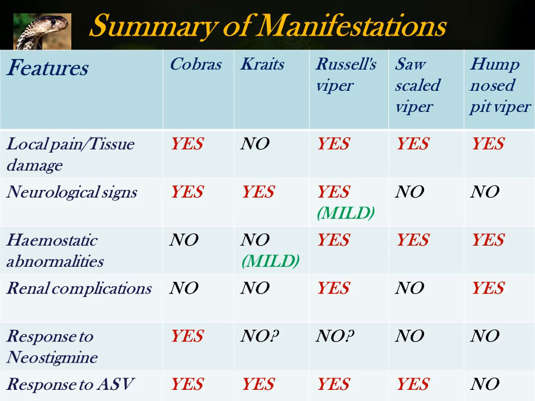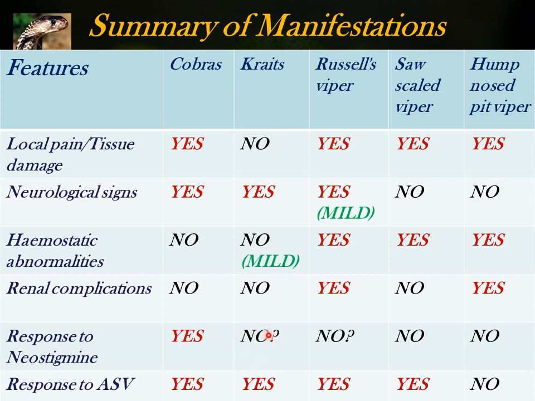Now, let us come to another important thing. This is the response to neostigmine. We have not got into this area right now, but you must remember that neostigmine usually is given in neurotoxic snake bite. So these are mostly for the cobra and the krait.